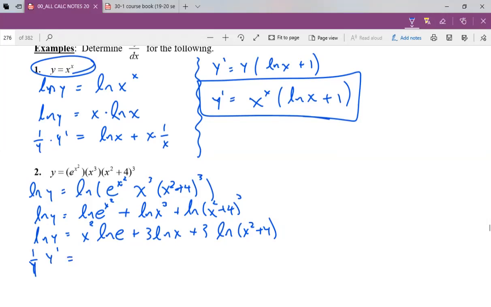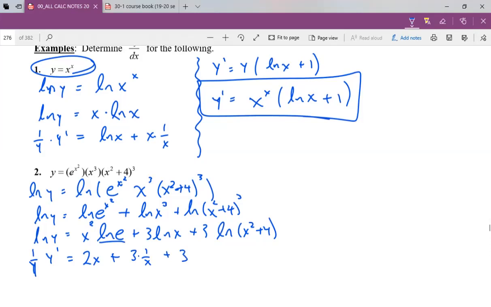We differentiate x squared, and that's just 2x. Remember that ln e is just 1. So ln e just kind of evaporates away. So we have 2x on that first one. We have plus 3 times the derivative of ln x, which is 3 times 1 over x.